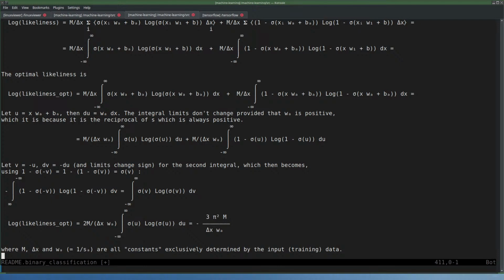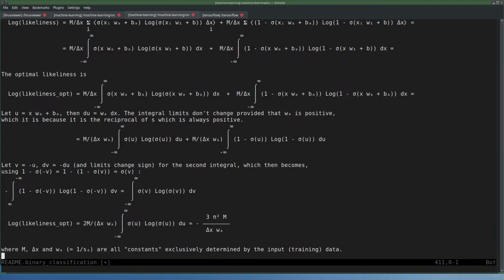We can, in fact, empirically determine the correctness of this value. So that's what I'm going to do now.